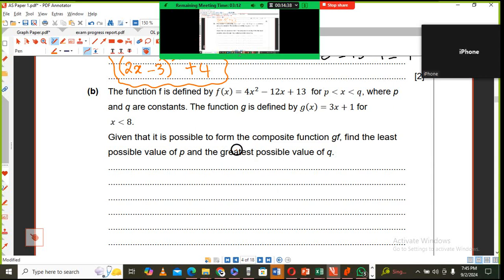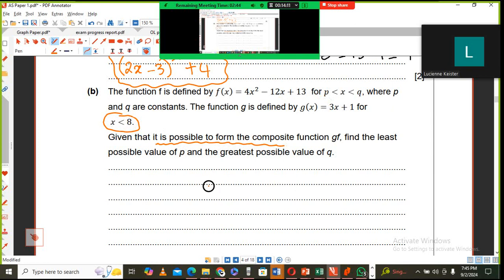They say if it is a composite function GF, find the least possible value of P and the greatest possible value of Q. They are saying it is possible to form. The moment it says it's possible to form, it means we are using this given domain because it now is defined for both functions. Does that make sense to you?